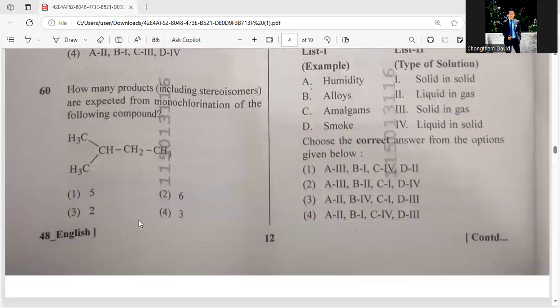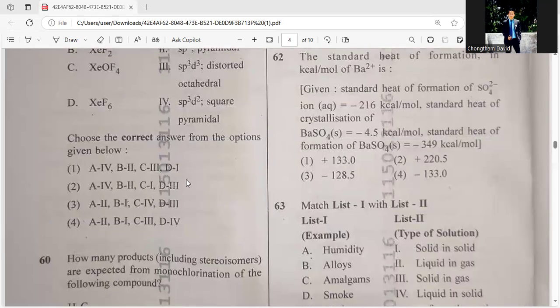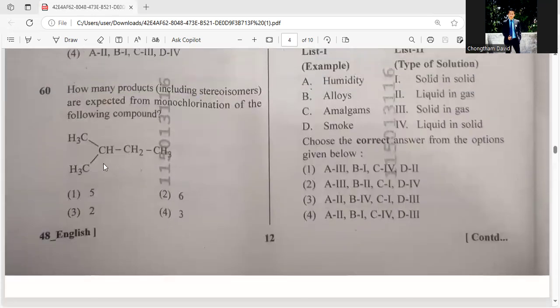How many products including stereoisomers are expected from the monochlorination of the following compound? Let us check the possible stereoisomers which can be formed from this. There are 4 types of hydrogen, as you can see. The first one is primary, and the second is a secondary hydrogen, and it can lead to a chiral center.